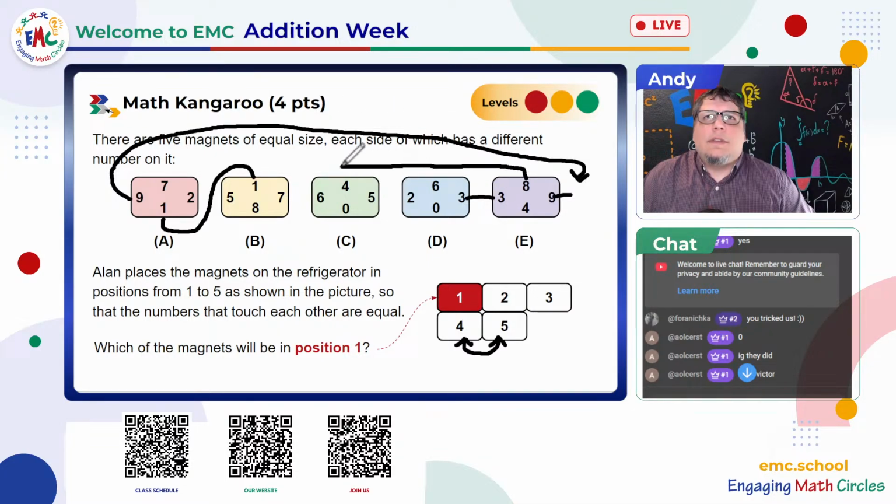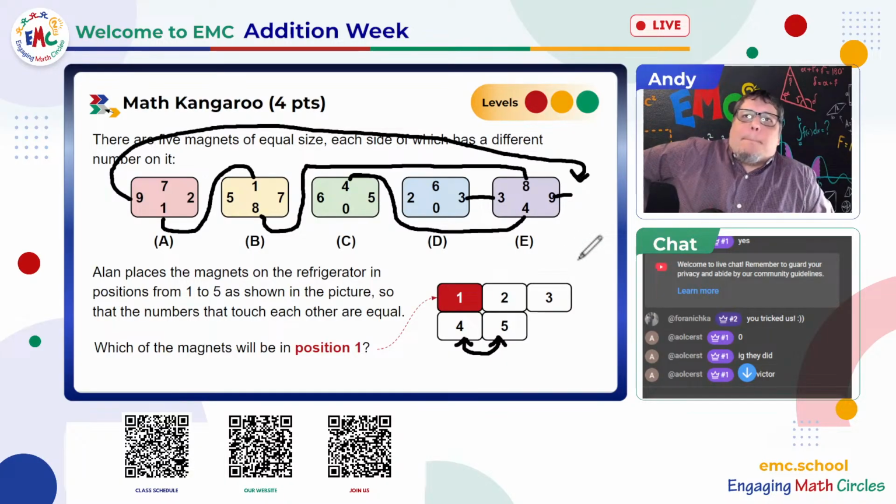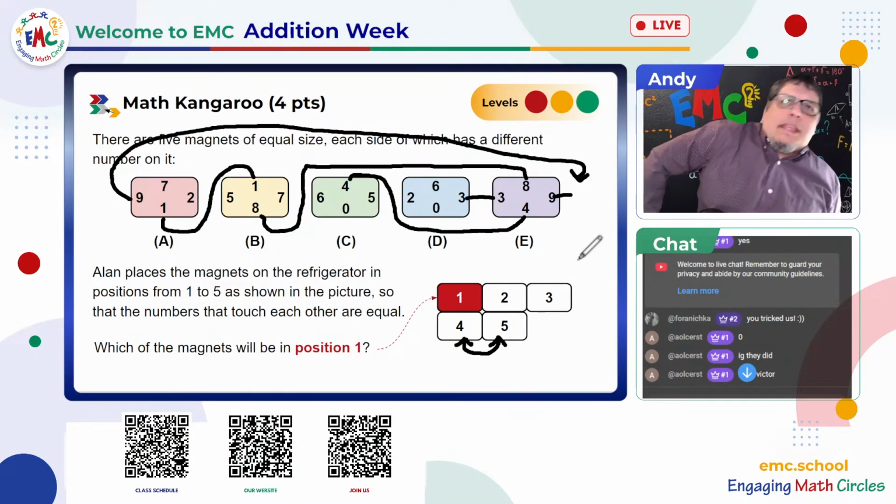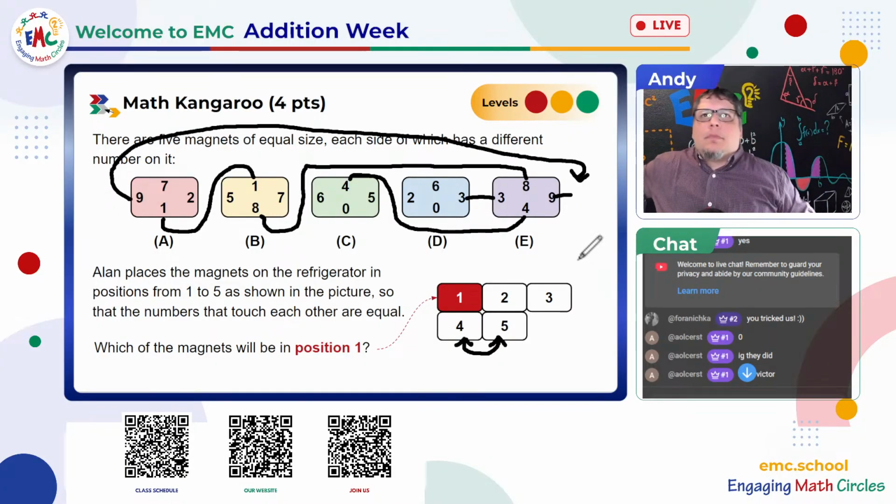So we could have this one connected to the bottom here, or we have a 4 here. Or we have a 4 there. Yes, that's right. I missed that 4. So what has to be on the bottom is either yellow, green, or purple.